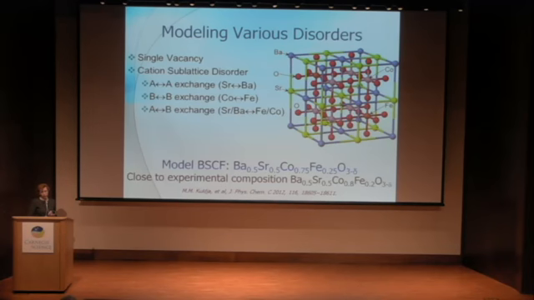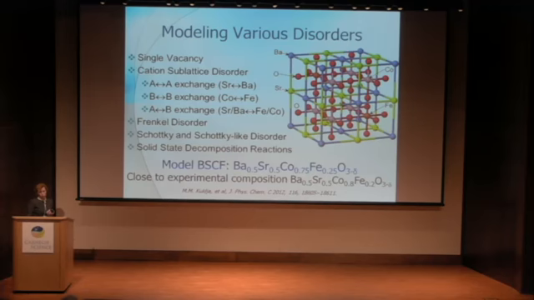Single vacancy was studied for all possible combinations. Then cation sublattice disorder, when you have exchange of atoms within one lattice, another lattice, or between them. Frenkel disorder, Schottky, and Schottky-like disorder.